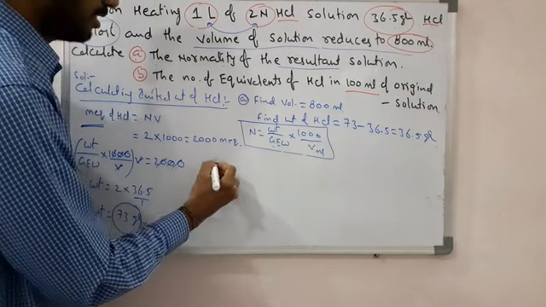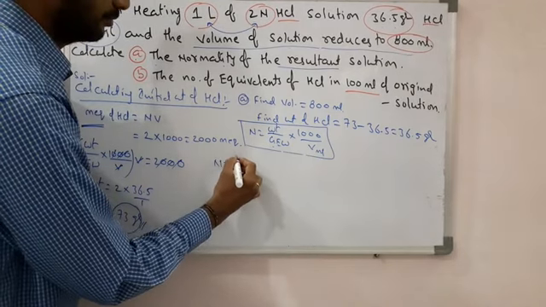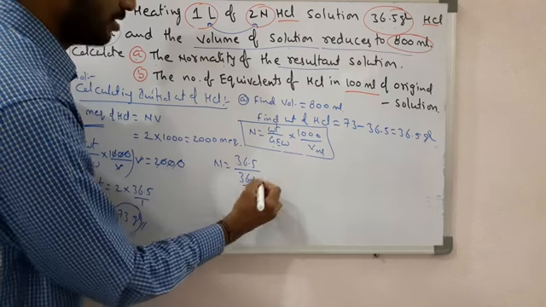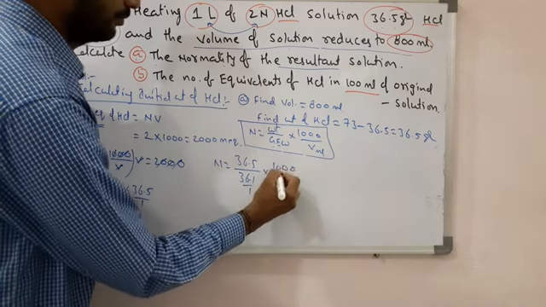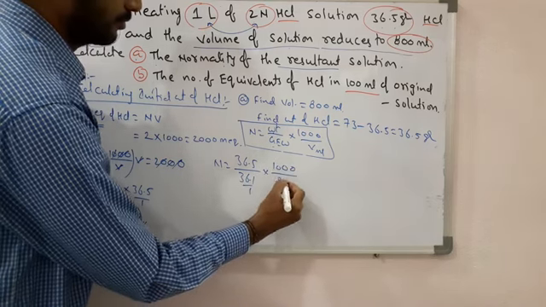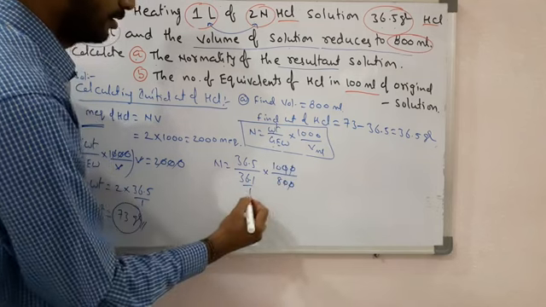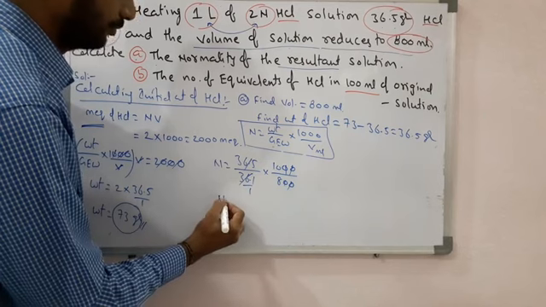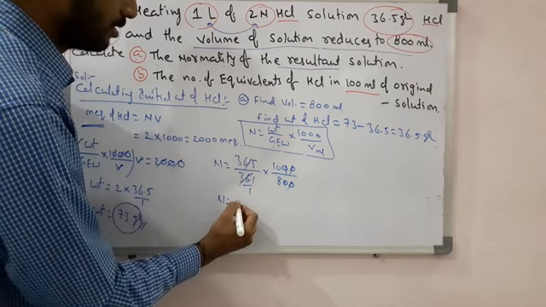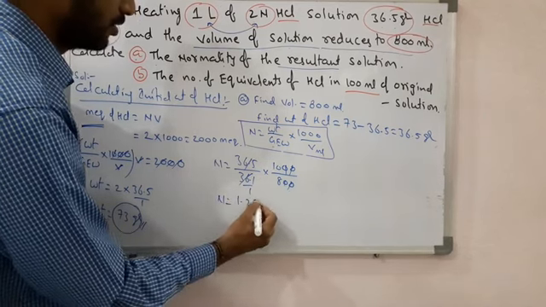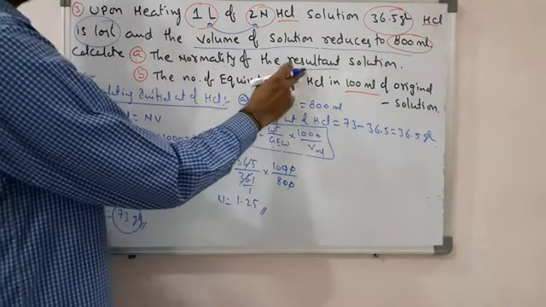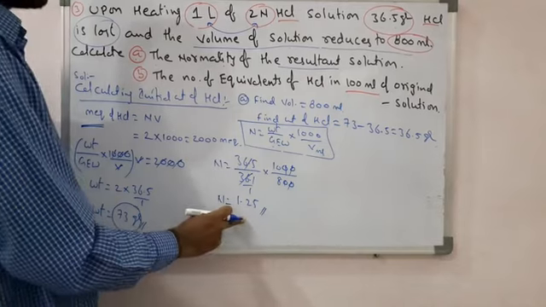Now substitute in it, the same gram equivalent weight. So it is equal to 10 by 8, approximately 1.25 normality. So the normality of the final solution is 1.25.